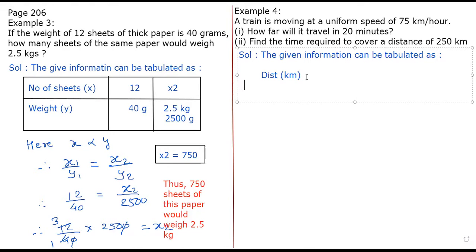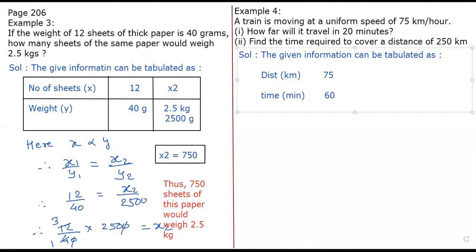We'll first take the time in minutes, later on convert it into hours if needed. So what is the distance first given to us? 75 kilometers. Time given is 60 minutes.